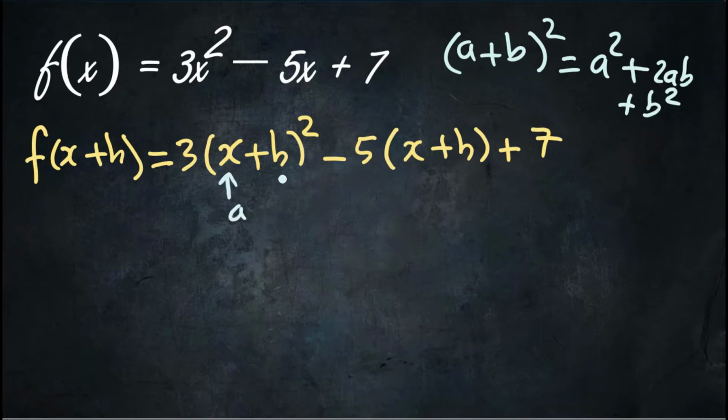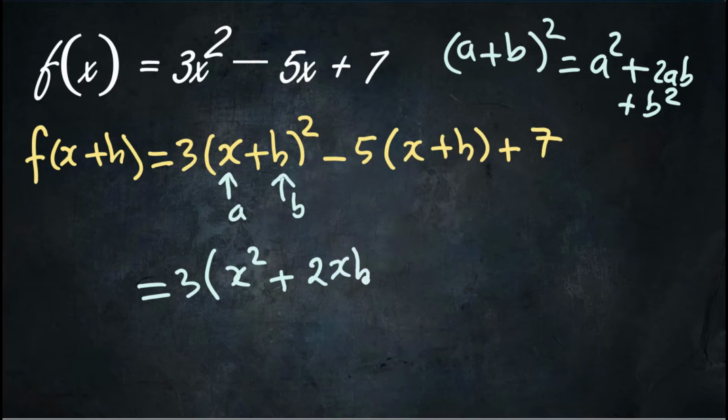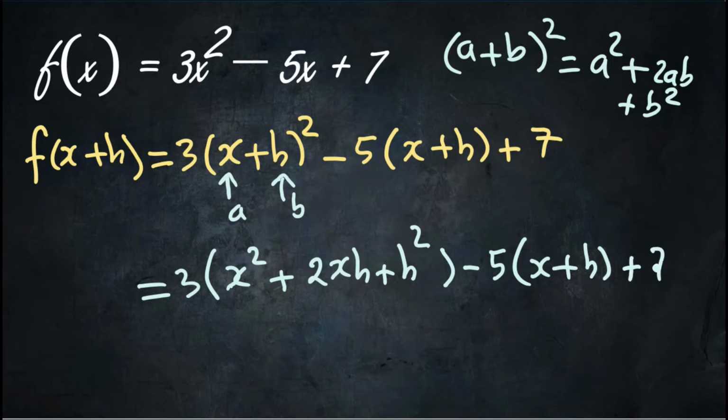This is a and this is b. So we have 3 bracket a squared, which is x squared, plus 2ab, 2xh, plus b squared, h squared, minus 5 bracket x plus h plus 7.